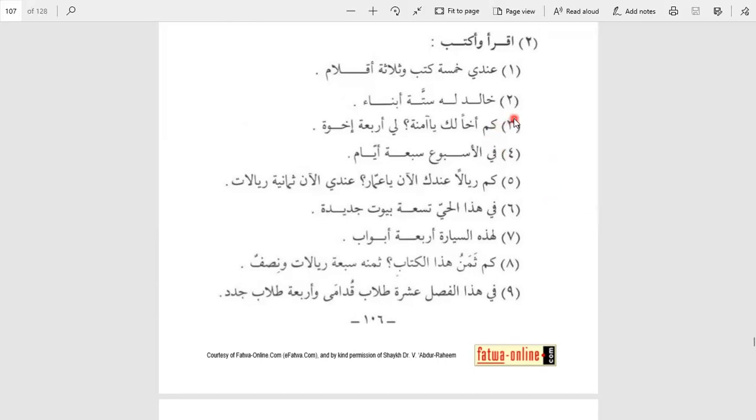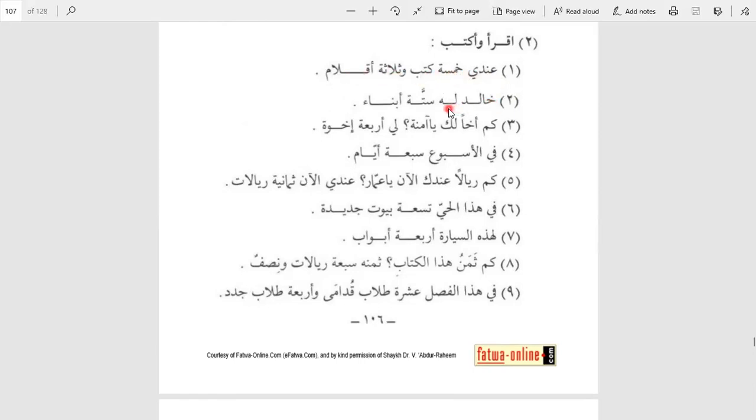If you manage to read, it means you are able to identify that this is the adad and this is the mawdud. So if you say indi hamsatu kutubin wa thalathatu aklamin, I have 5 books and 3 pens.